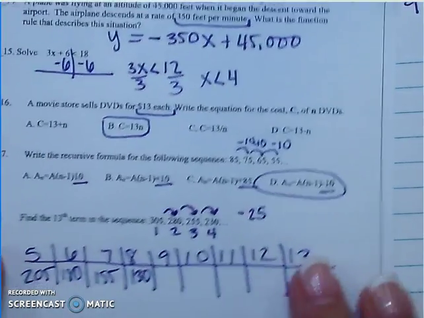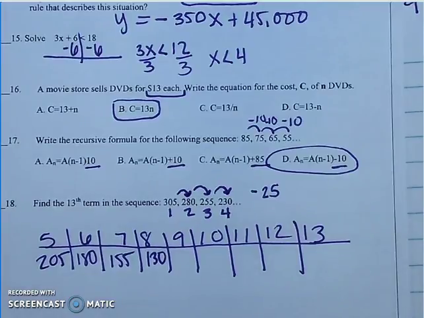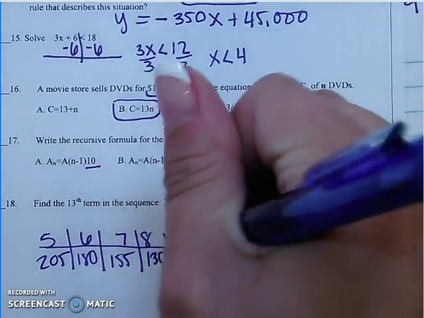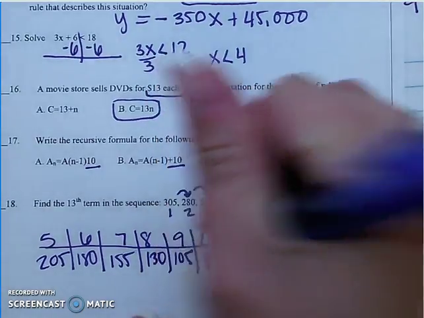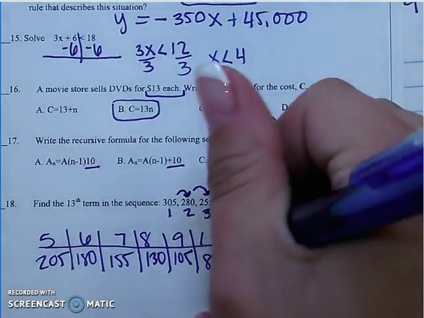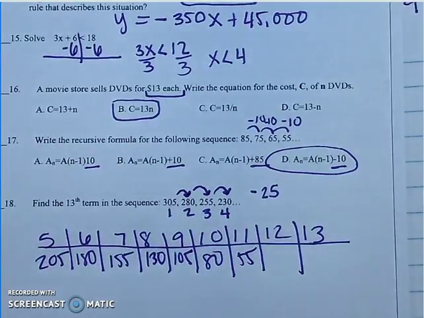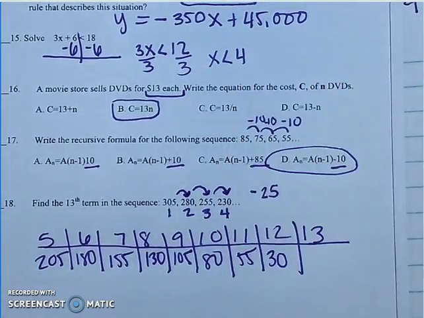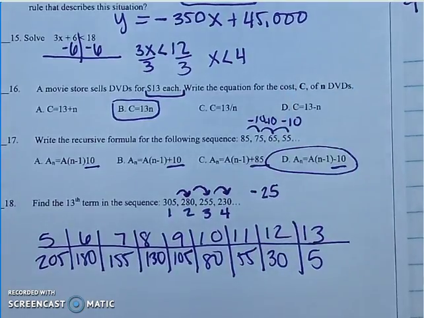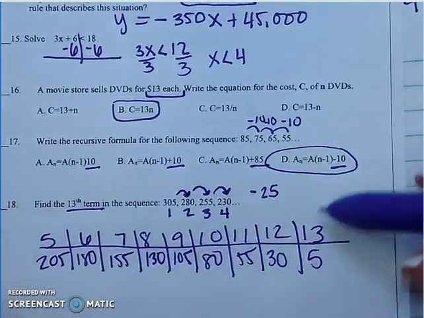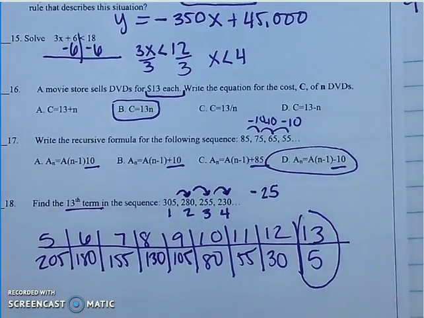If you couldn't see that beginning there, sorry about that. 105. And there we are. The 13th term in the sequence is 5.